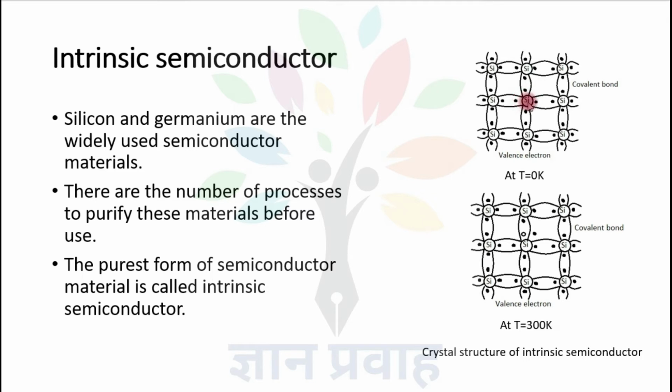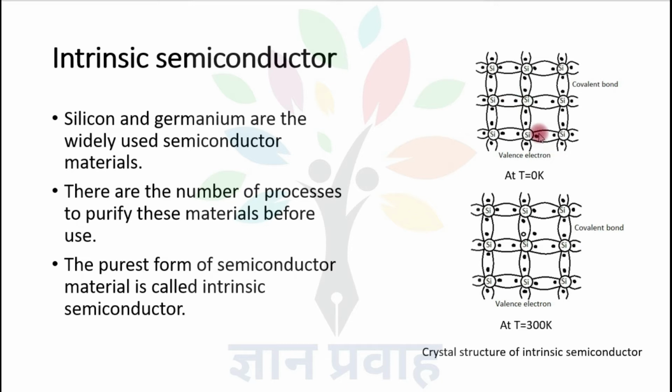In case of silicon or semiconductor elements, there are 4 valence electrons. So in case of silicon, there are 4 electrons. These are valence band electrons. So one atom is bound to another atom by the sharing of the electrons like this, and here and here.